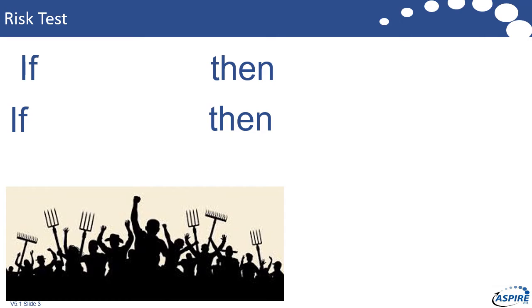So I happened to be working on a training course with a wise old owl, and when we got to the risk module, he chose to lead on that module, and he wrote these two words on a flip chart: if and then. And what he actually said was, you can go back and look at your risk register and ask yourself this question: if, then.